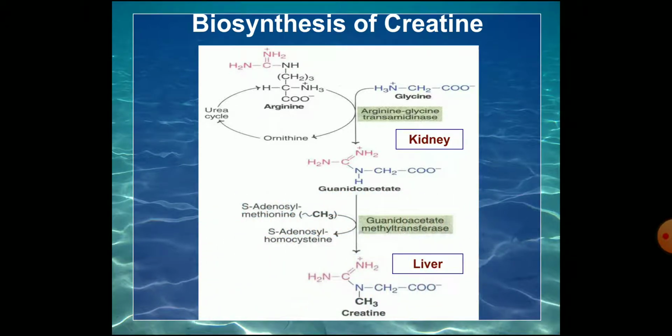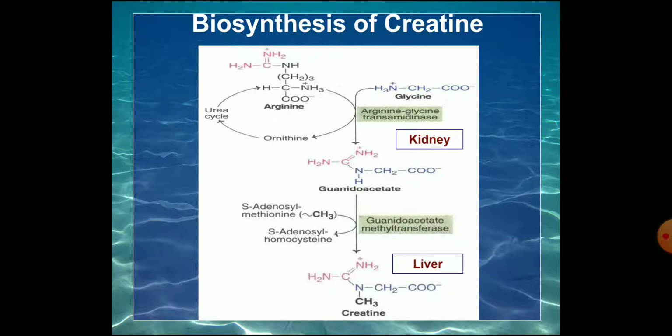In the next step, S-adenosyl methionine, that is SAM, donates a methyl group to the guanidoacetate by the enzyme guanidoacetate methyl transferase to form the creatine, which is taking place in the liver.